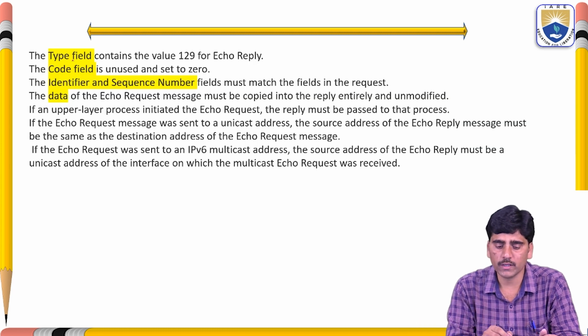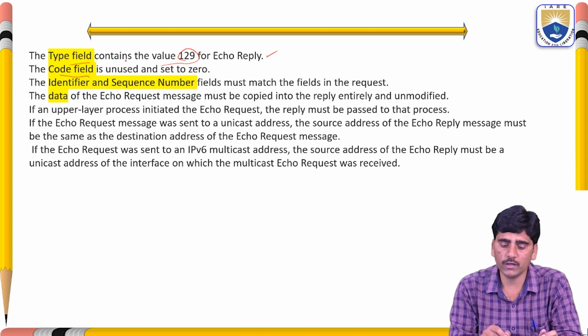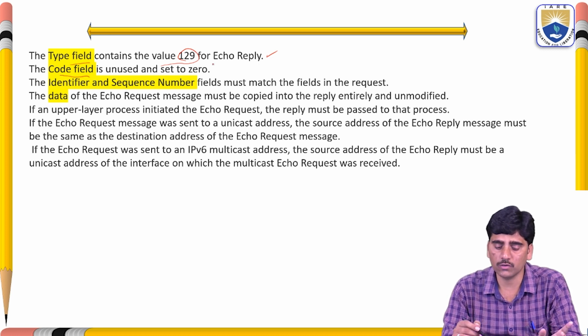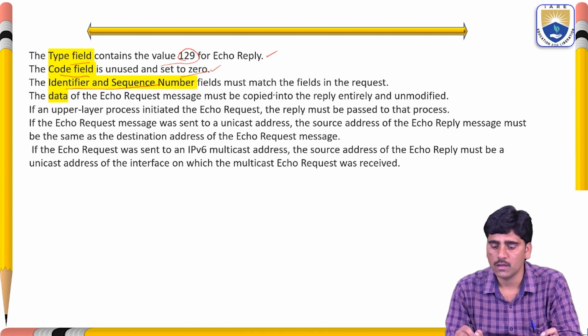And here the type field contains the value 129 for echo reply. The code field is unused and it is set to 0. The identifier and the sequence number fields must match the fields in the request.